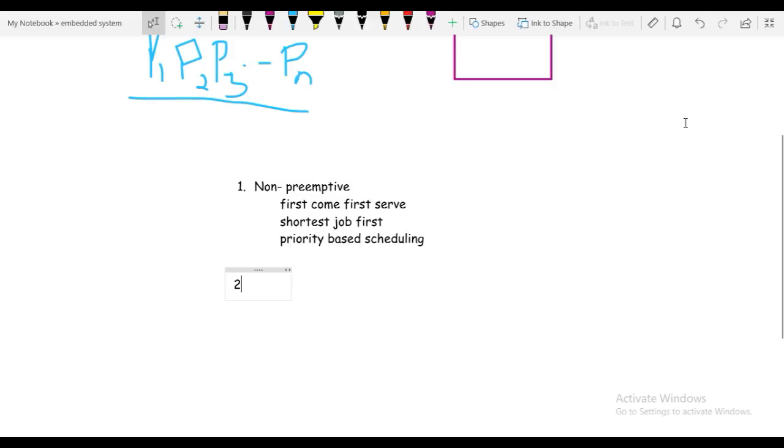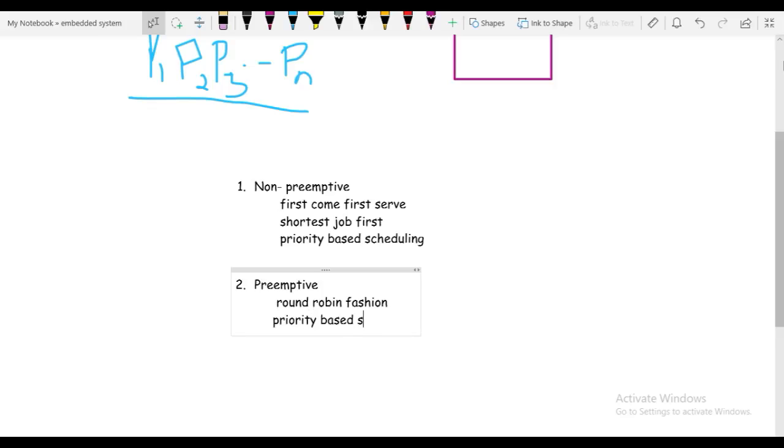Or in the preemptive version, or algorithm or fashion, anything you can say, there is round robin, you have priority based scheduling, or you have shortest job first.